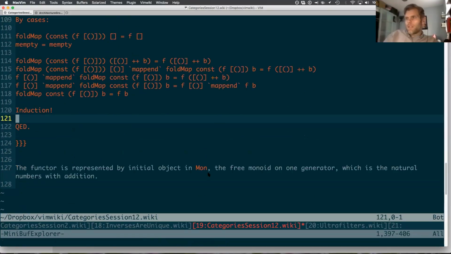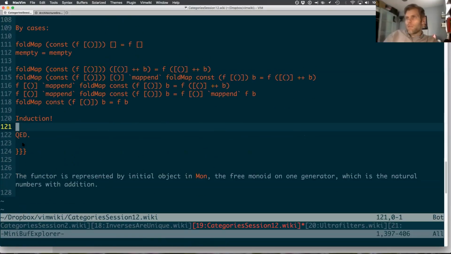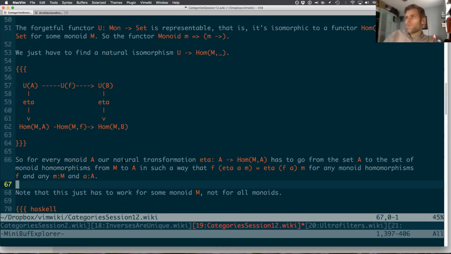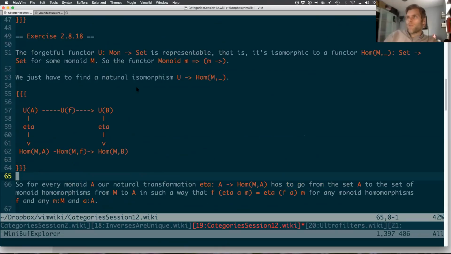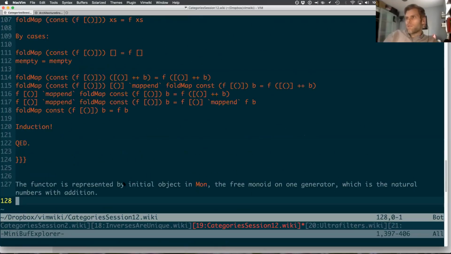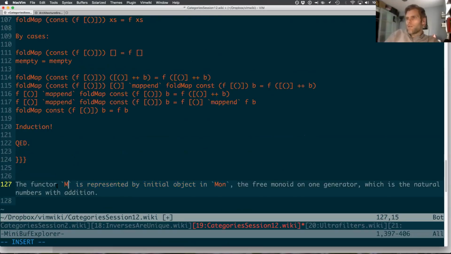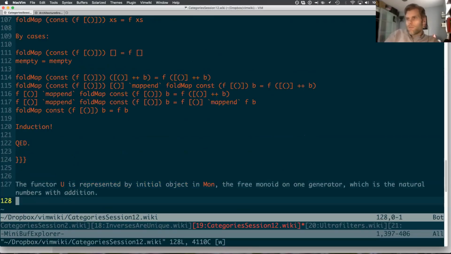So the forgetful functor from monoids to sets is represented by the initial object in monoids, which is the free monoid on one generator, which is the natural numbers with addition. Sorry, that was a bit long-winded, but that's the answer.